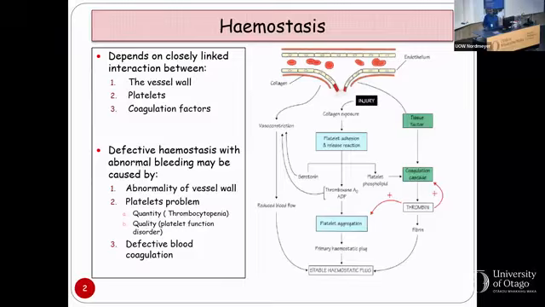So very uncommonly, you'll find somebody with a bleeding disorder that is due to something like scurvy, a disease like scurvy, vitamin C deficiency, which affects the collagen wall. And so it's very important to bear in mind, reflex vasoconstriction is just as important as all the other steps for clotting to take place.